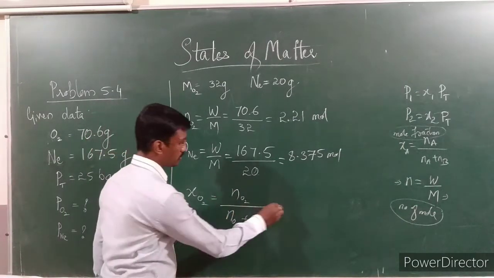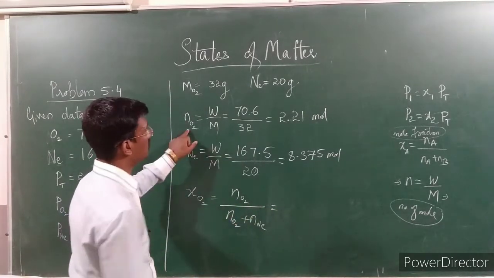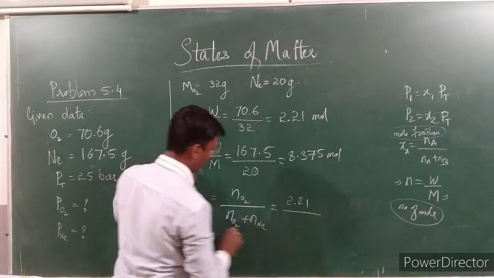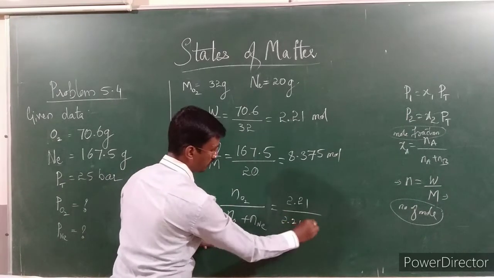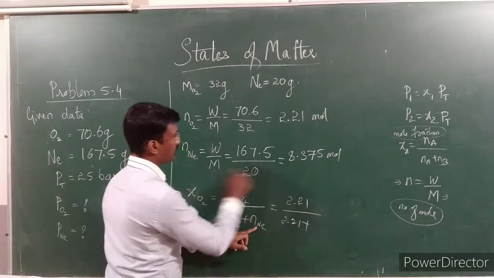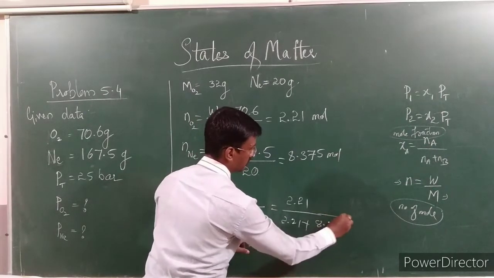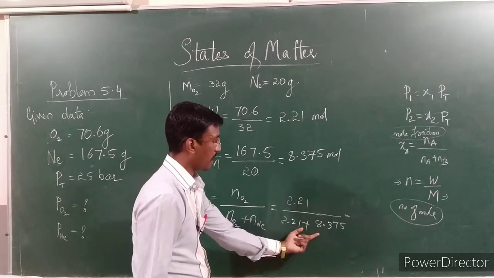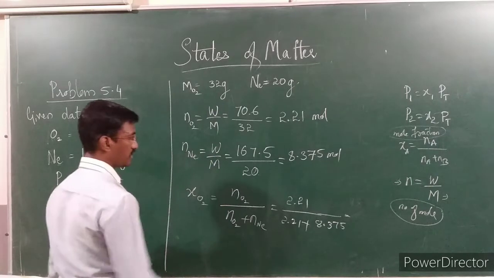So here the number of moles of oxygen is 2.21, divided by 2.21 plus the number of moles of neon, which is 8.375. So you just add these and divide by the sum. You are going to get some value.